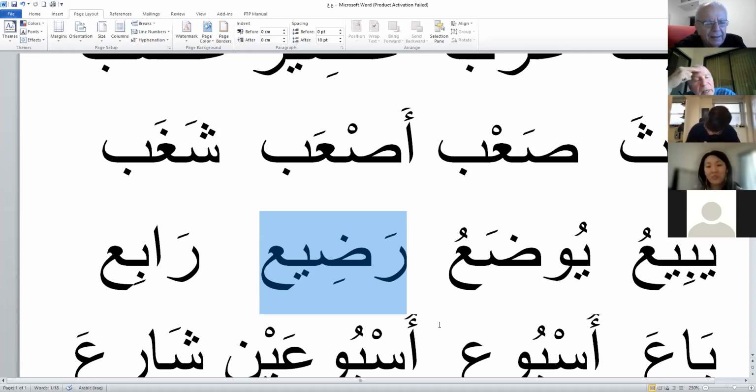Even though there's no vowel on the ayn at the end, it's still a sukun. As a rule, the last letter in a word, if there is no vowel on it, is always sukun. So رضيع is a baby that's still milking.